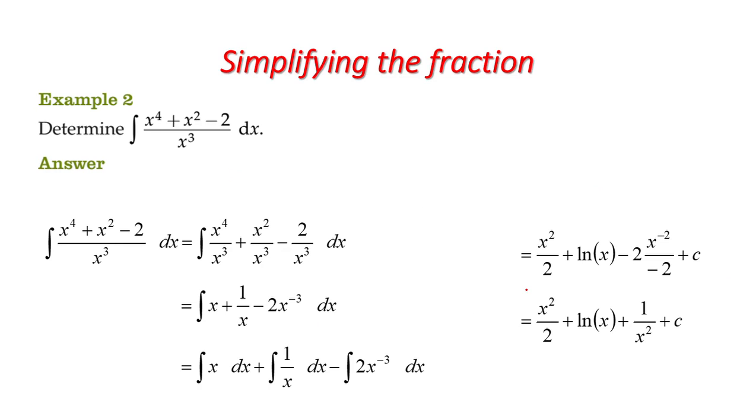This is the last method, the third method on how we integrate the fraction, where we simplify the fraction. This is what I mean. We already did it in the first lesson. You can see from here we divide each term by x cubed.